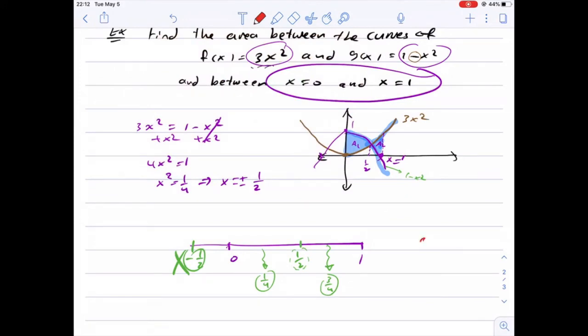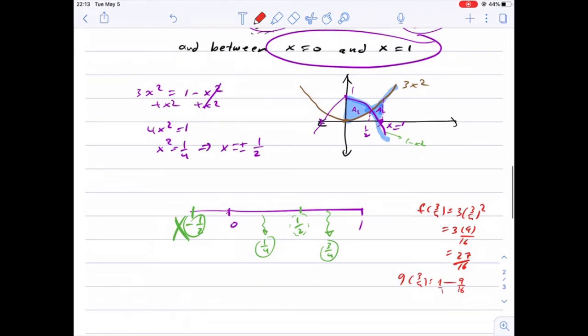When we substitute 3/4, f of 3/4 is 3 times 3/4 squared, and that's 3 times 9/16, 27/16. This is f. What about g? g of 3/4 is 1 minus x squared, which is 1 minus 9/16.